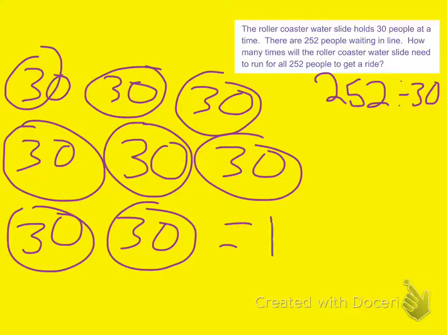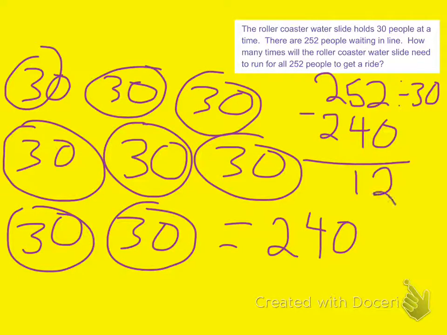Which I think this equals 200, sorry, let me rewrite that, 240. Okay, now since we're trying to get 252 and I'm only at 240, I can subtract the difference, which gives me 12. So I know that there's 12 people left over.